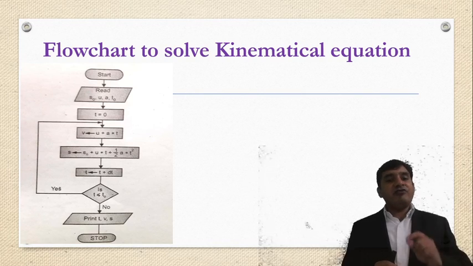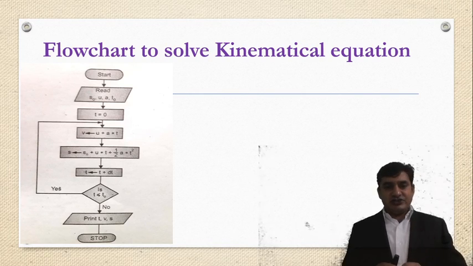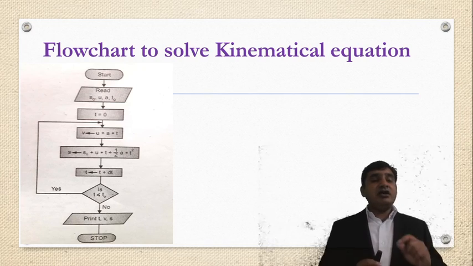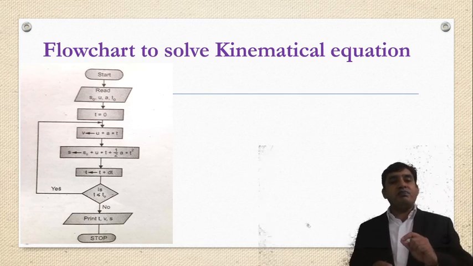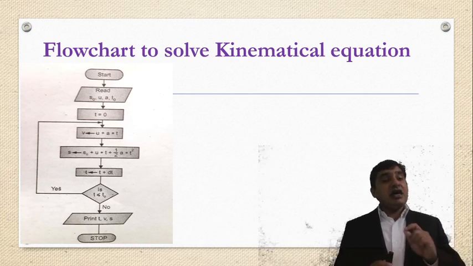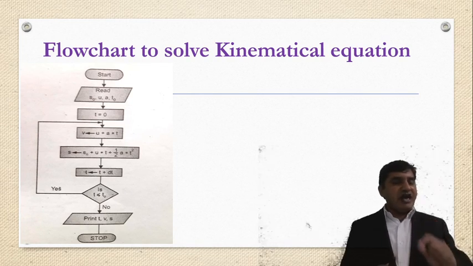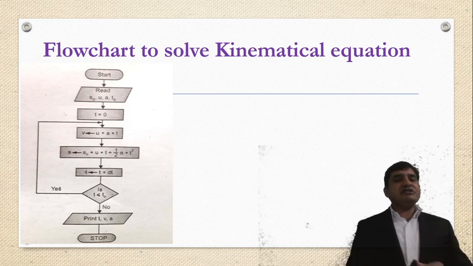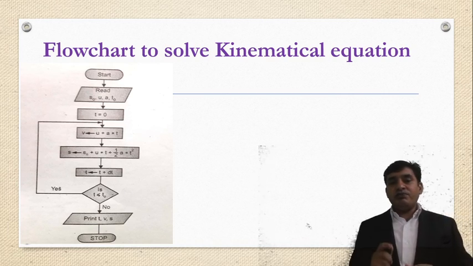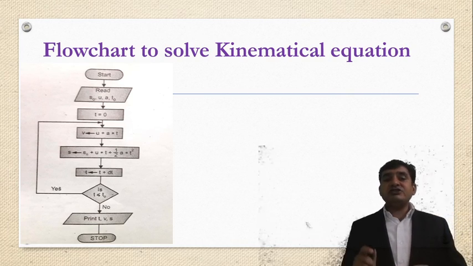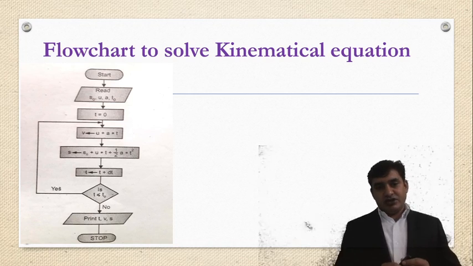After that, find final velocity by using formula v is equal to u plus at, and the final position or final displacement s is equal to s0 plus ut plus 1 half at square.